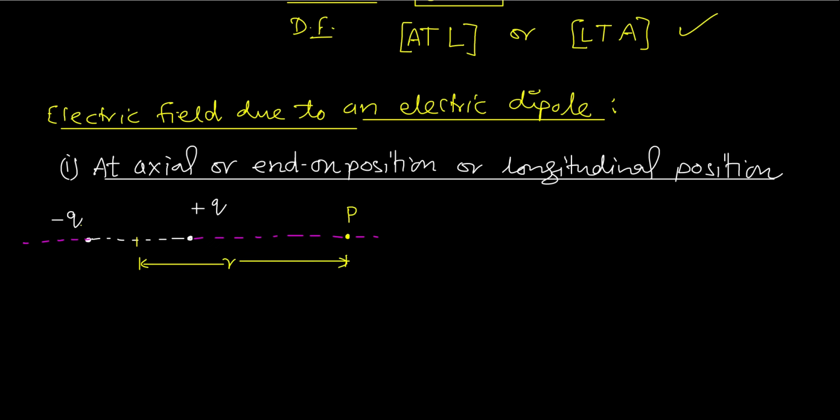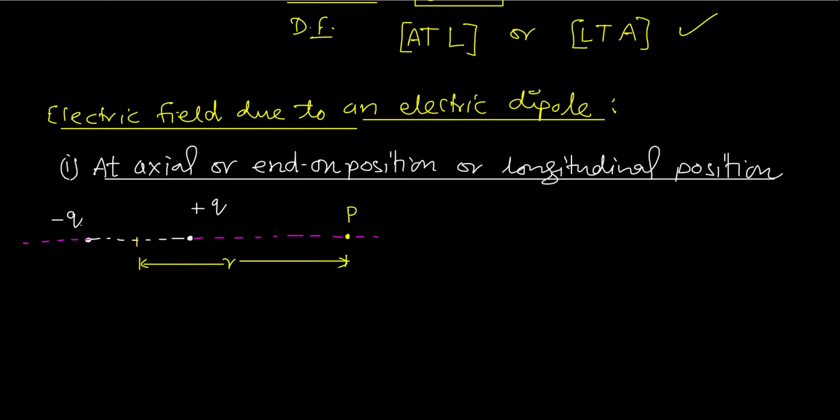So suppose electric field due to minus q charge, we call that E2. So E2 will be directed towards the minus q charge, because electric field is always towards the negative charge and away from the positive charge. So E1 will be towards the right and E2 will be towards the left, and also the magnitude of E1 will be slightly larger than the magnitude of E2, because the charge plus q is closer to point P as compared to the charge minus q.